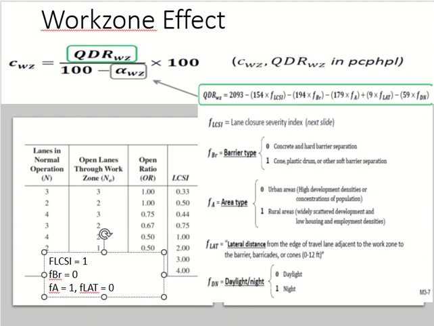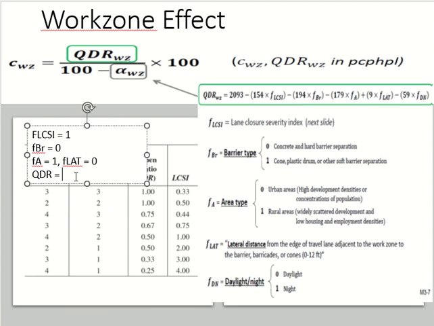So what is the Q discharge rate? 1772. Then what is the capacity? 1986.